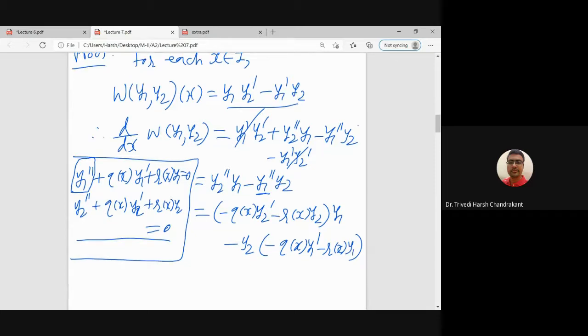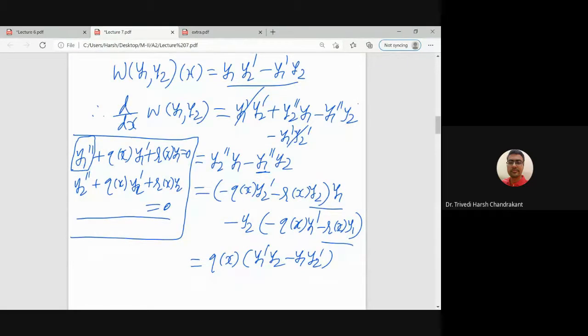Then we can cancel out the common terms. The rx terms: in the first part it is rx times minus y1 y2, and here we get rx times plus y1 y2, so that rx term will cancel out. What will remain is the coefficient of qx, and that we can easily check is y1 dash y2 minus y1 y2 dash.